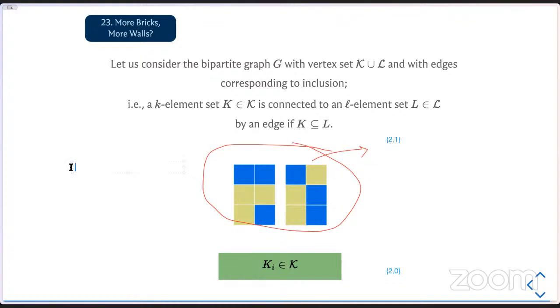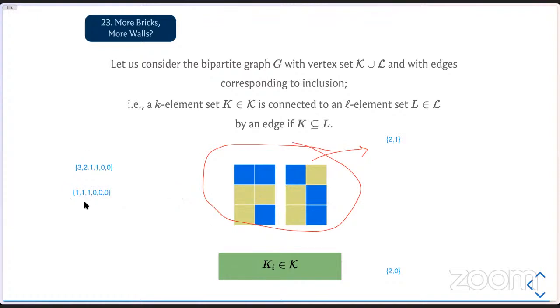In a more general example, say 3, 2, 1, 1, 0, 0, let's try to morph this into something much smaller, say 1, 1, 1, 0, 0, 0.